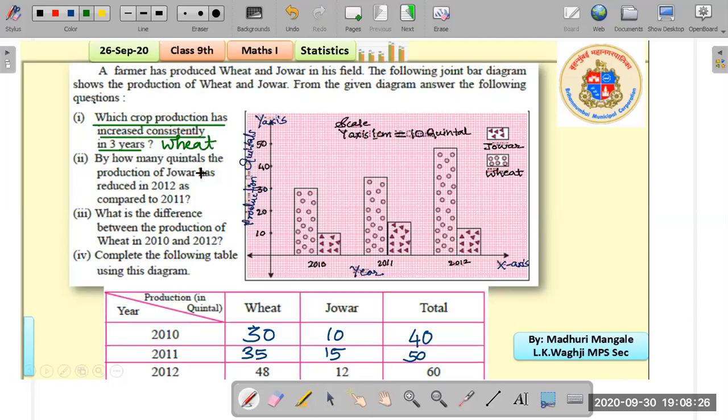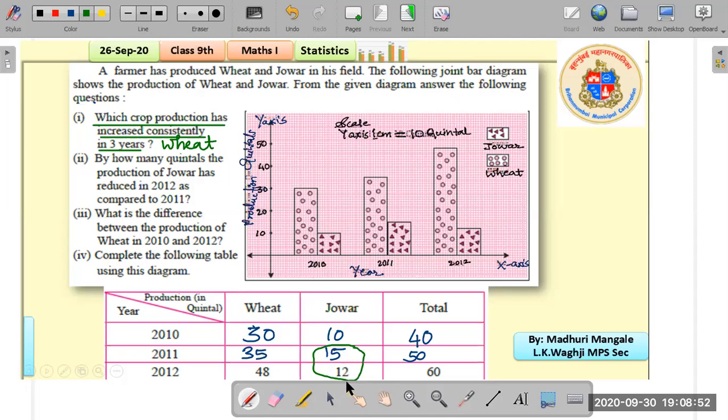Next question is, how many quintals the production of jowar has reduced in 2012 as compared to 2011? So we are looking at which crop production, that is of jowar, right students? And we have to compare the data for 12 and 11. So jowar production for the year 11 and 12, this data. So it is reduced by how much?